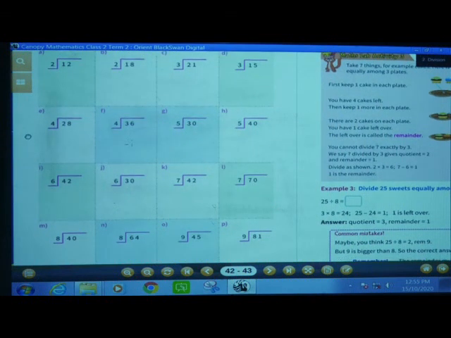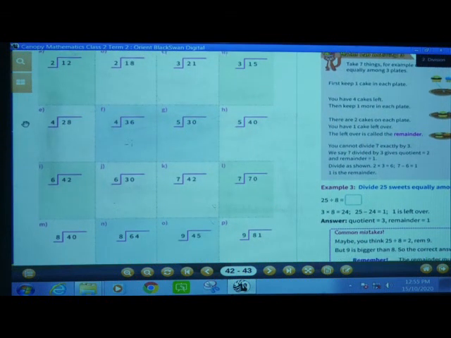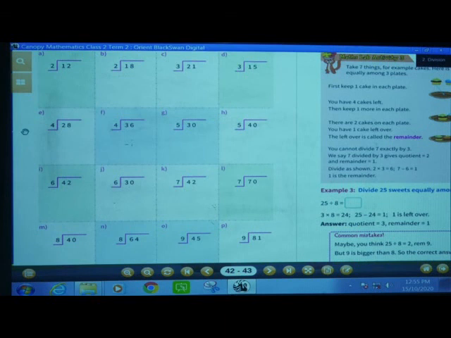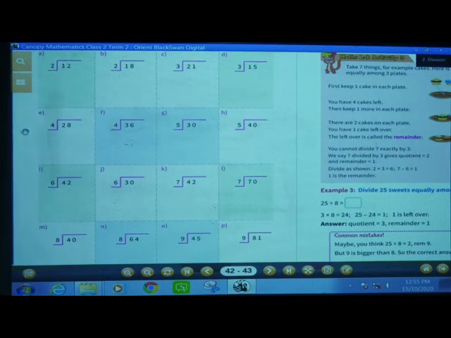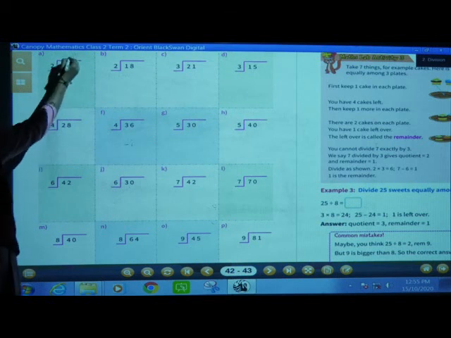12 divided by 2. 12 divided by 2 means 12 is the dividend and 2 is the divisor. We have to say table of 2 till we reach 12. 2 ones are 2, 2 twos are 4, 2 threes are 6, 2 fours are 8, 2 fives are 10, 2 sixes are 12.